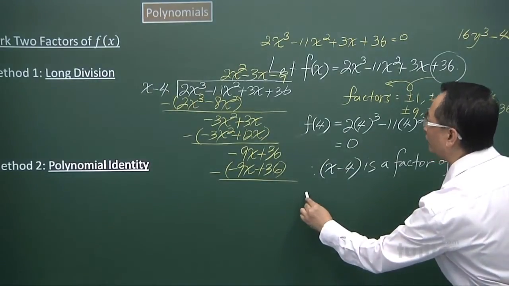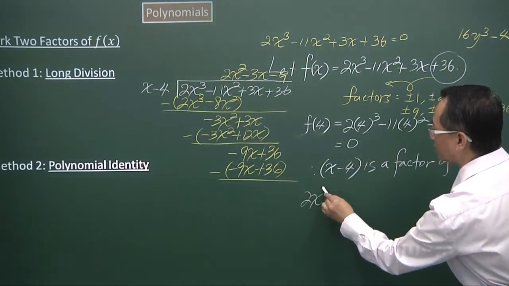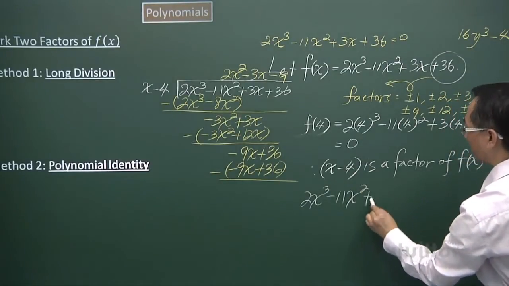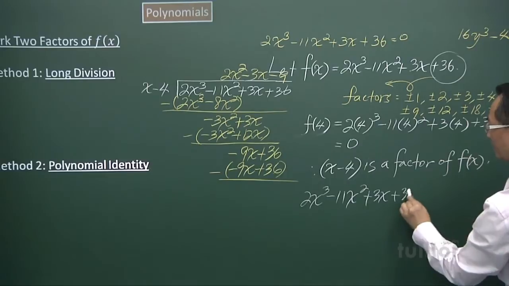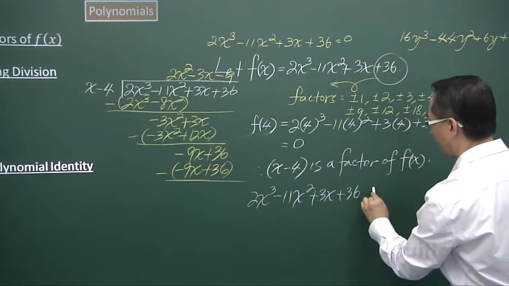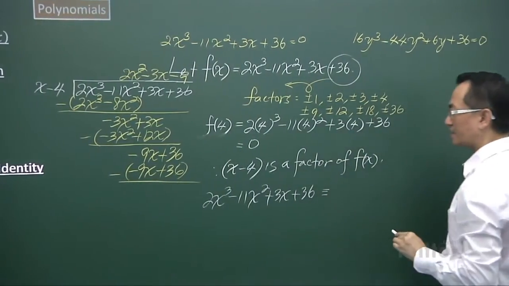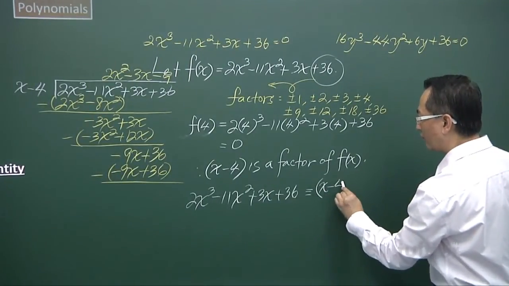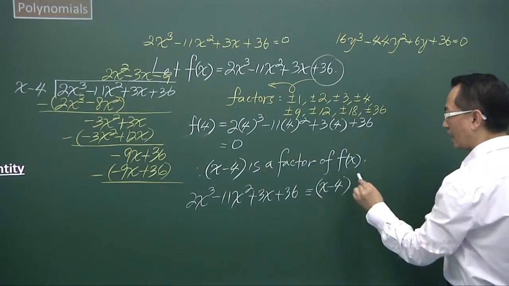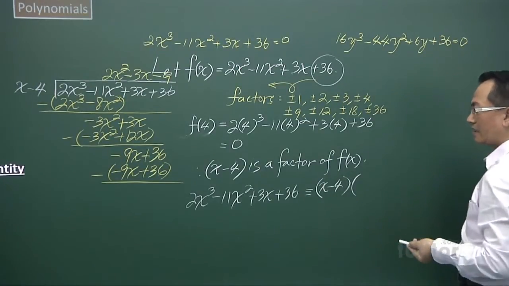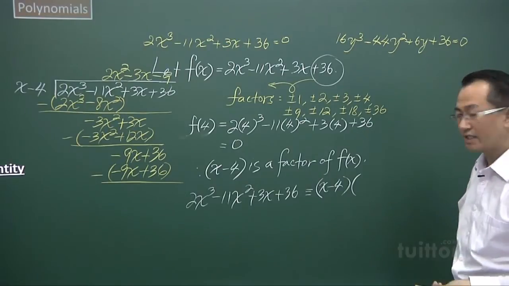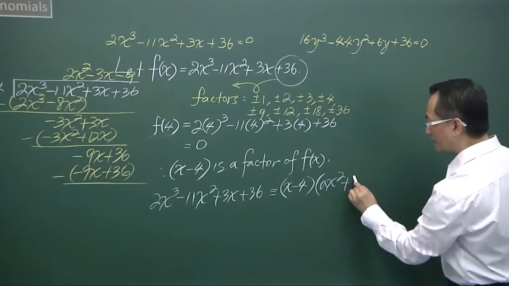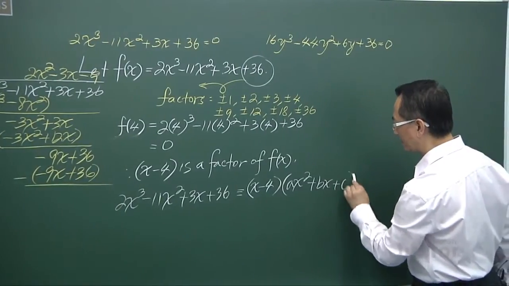If I have 2x cubed minus 11x squared plus 3x plus 36, I can make it into a certain identity with x minus 4, the divisor, and I need a quadratic expression, ax squared plus bx plus c.